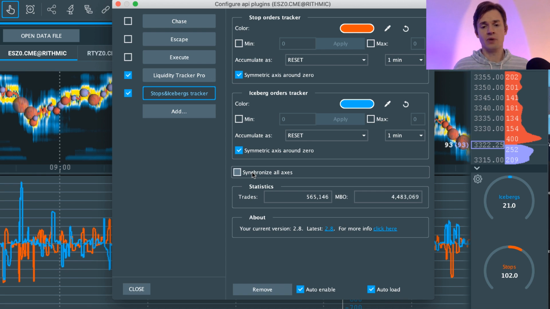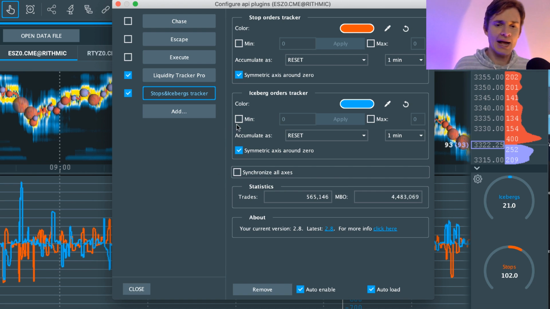So if a 1000 iceberg hits, it makes the stops look relative to that as well. Even though the stops have only hit 200 or 300 at this point, it's going to shrink all that, and you're going to think that no stops have ever happened on a day when a 500 stop might be a big play. Hope that makes sense. I wish I could show it to you visually, but it'd be a waste of time. So just don't trust me on this one. Click these two, don't click that one.